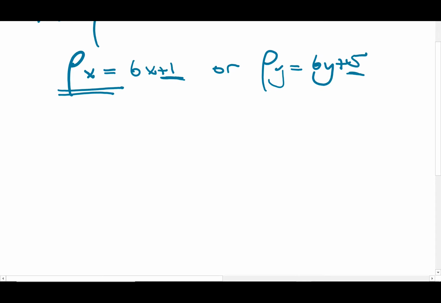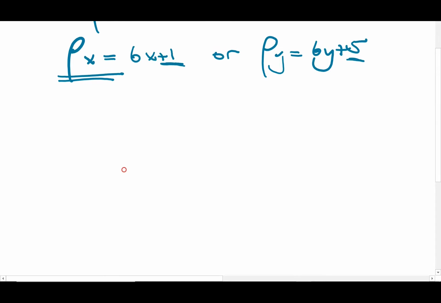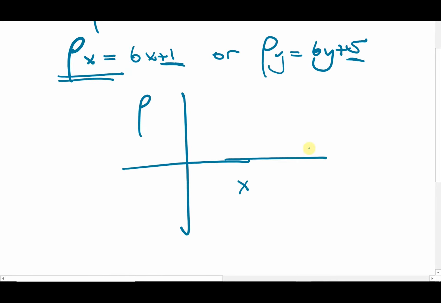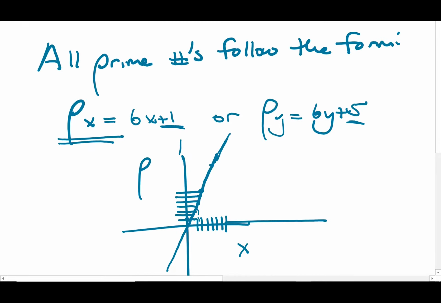If we plot this on the p-axis, with x on the other axis, we start here, so this is 7, and so on. So all the prime or non-prime numbers are on this line, and we also have the other linear equation right here.